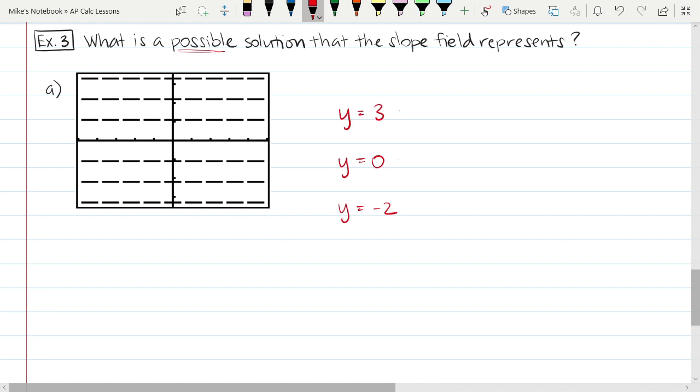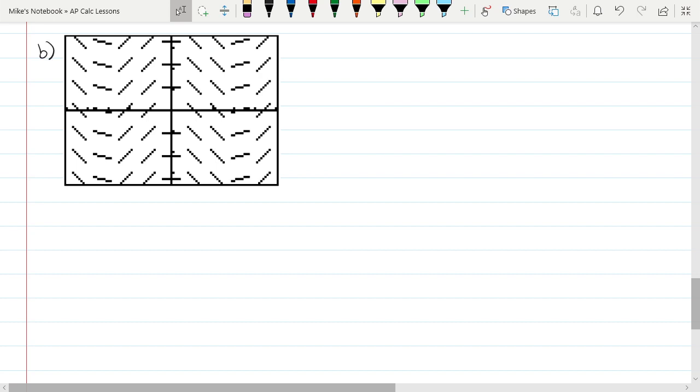Let's do another. So for this example, we have this slope field where it seems like the graph, if you kind of follow these segments, the graph kind of does this. Now, what function does that make you think of? Hopefully it's making you think of trig functions, between sine and cosine.